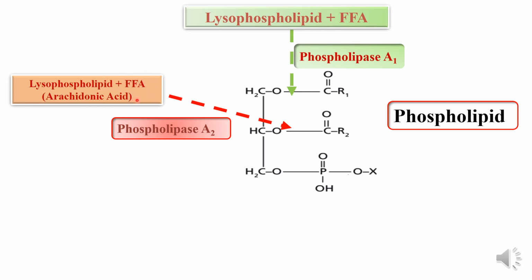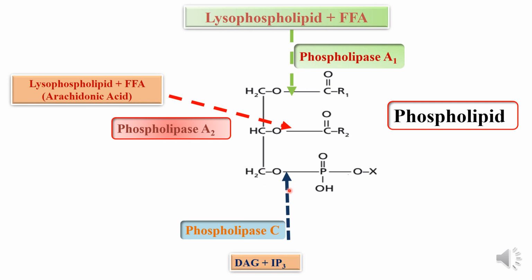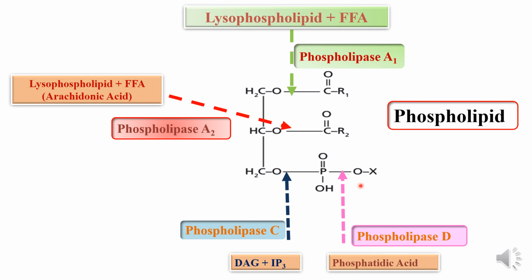free fatty acid liberated here is a polyunsaturated fatty acid, for example arachidonic acid. The third phospholipase is phospholipase C. It always acts at the third carbon, and the product is diacylglycerol plus inositol triphosphate. Whereas the fourth phospholipase, phospholipase D, acts at the phosphate group, and the product is a phosphatidic acid.